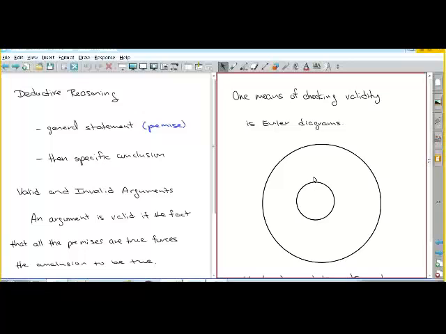Then we use the second statement to place a little X somewhere, whether it's in the big circle or specifically in the small circle. Based upon the position of that X within the circles, we can make a valid conclusion. It's hard to explain unless we do an example, so we're going to do an example.